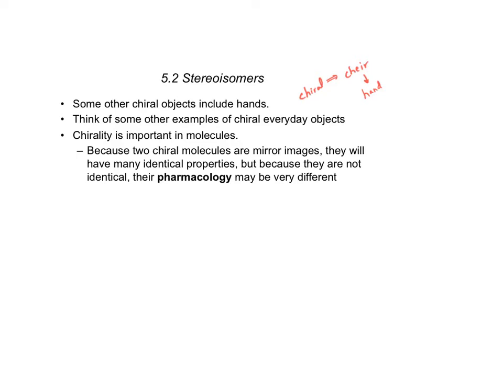There was a drug back in the 1950s and 1960s called thalidomide, and you can look it up online. This was prescribed in the 1950s and 1960s to help pregnant mothers deal with morning sickness, so it was a morning sickness drug.